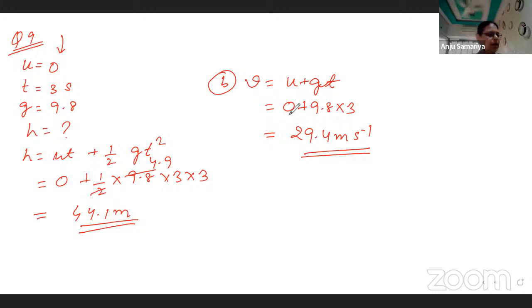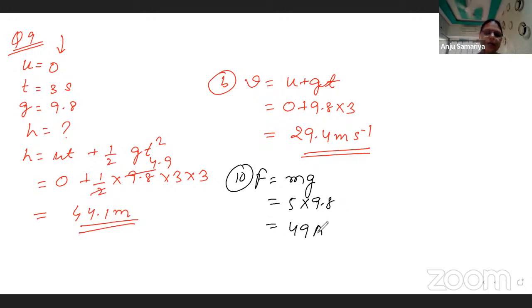Question number 10. What force in Newton does your muscle need to apply to hold a mass of 5 kg in your hand? State the assumption. So force is equal to mg, so 5 into 9.8, when we are assuming it, becomes 49 Newton.